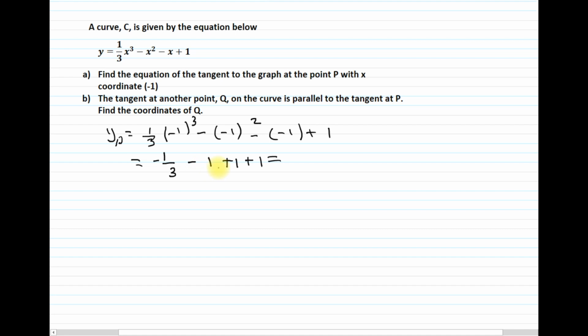The two ones cancel here. This becomes 1 minus 1/3, which becomes 2/3. So the point P has coordinates -1 and 2/3.